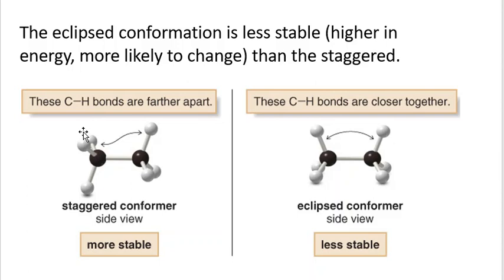We'll talk more about that overlap and why it is stabilizing next semester. For now, just note that those two things are stabilizing for the staggered conformer, and they're both not there for the eclipsed conformer.